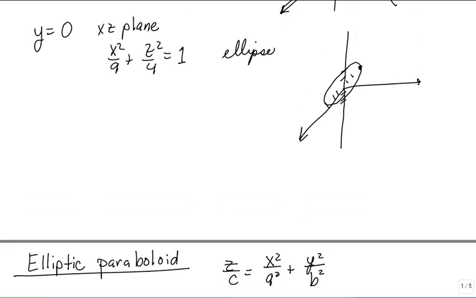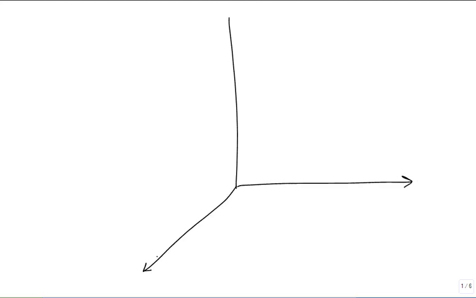So these are, let's try to put all this together. That's why I'm going to use Maple, because you'll be able to see it better.